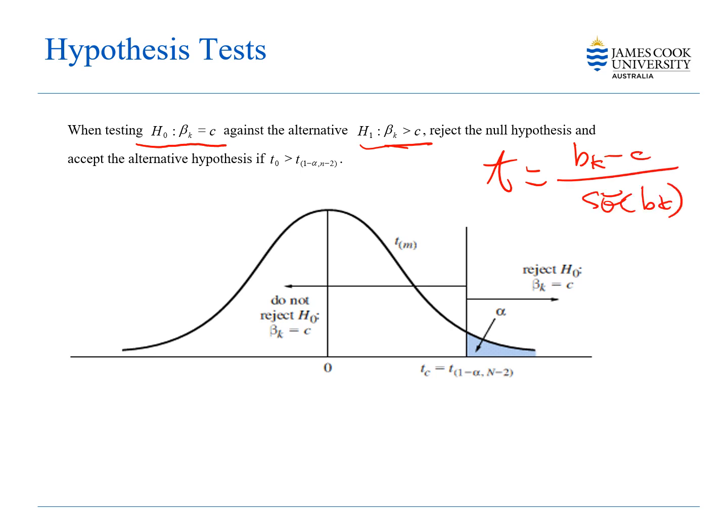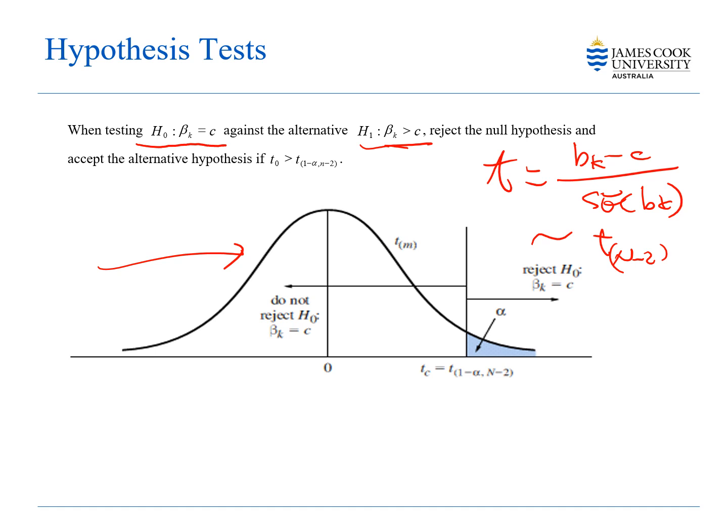Furthermore, this is t distributed with n minus 2 degrees of freedom.